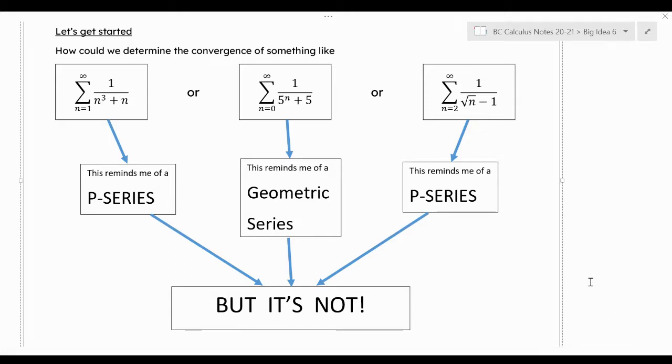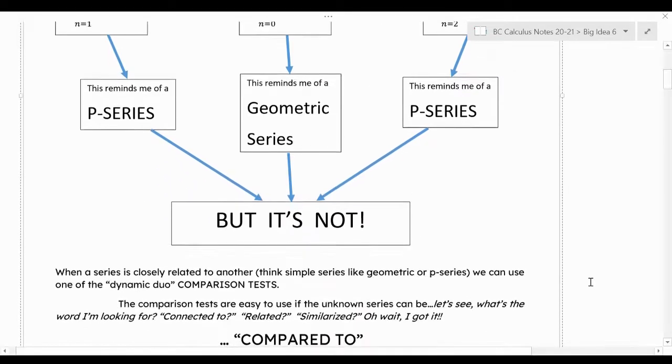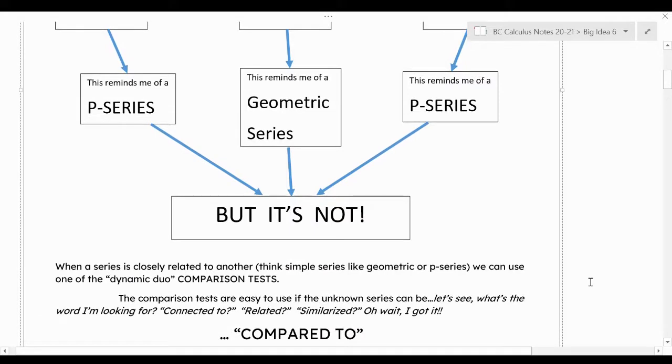So what we're doing here is we're looking at these series like they look like another series, right? What are we doing? We're connecting to, what's the word? We're making them kind of feel the same.